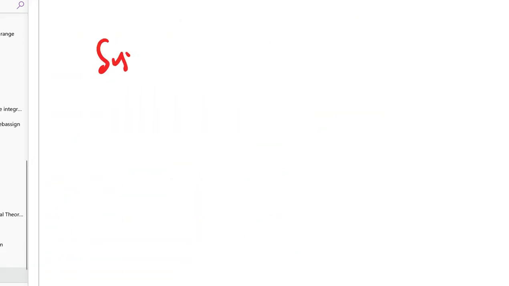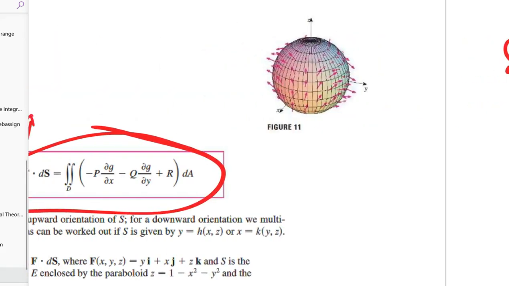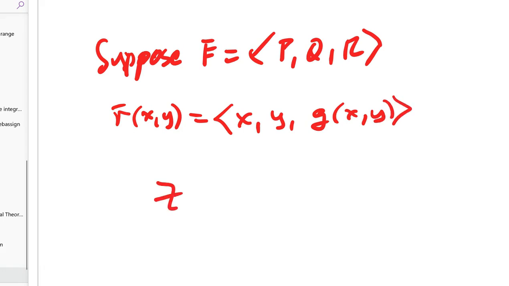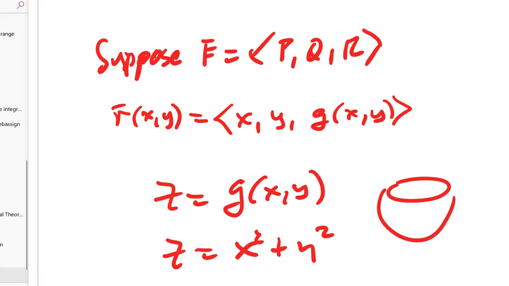Suppose F is P, Q, and R, so it's some vector field, and then R of X and Y, they're using X and Y, so R of X and Y is X comma Y comma G of XY. This is where your surface will be given by Z as some function of X and Y, like Z equals X squared plus Y squared, maybe, the bowl.